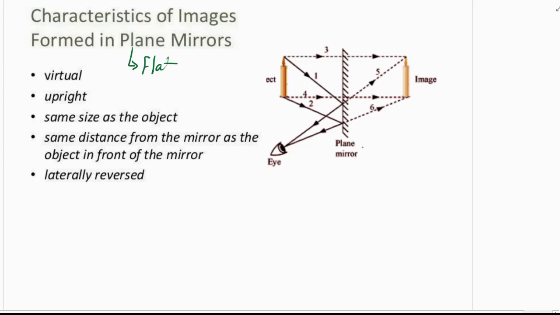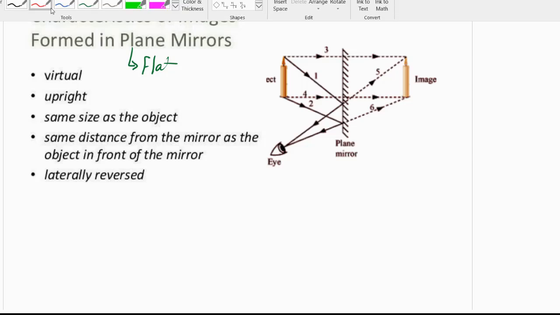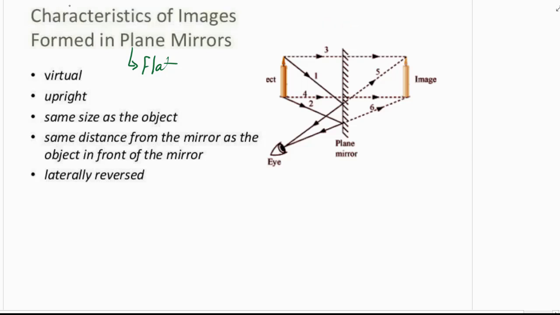The flat mirror is like the mirror you use to comb your hair, or the one which already exists in the bathroom. In this situation, we need to know how the image is formed in a flat mirror and what the properties of this image are. So let's check this together.